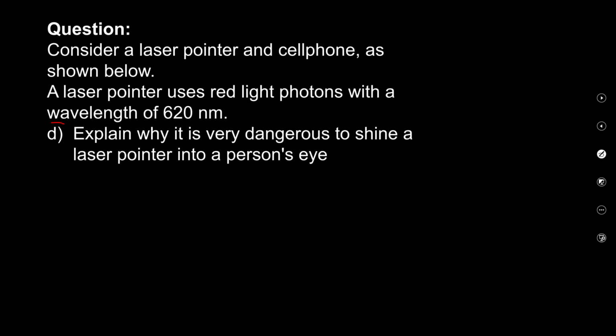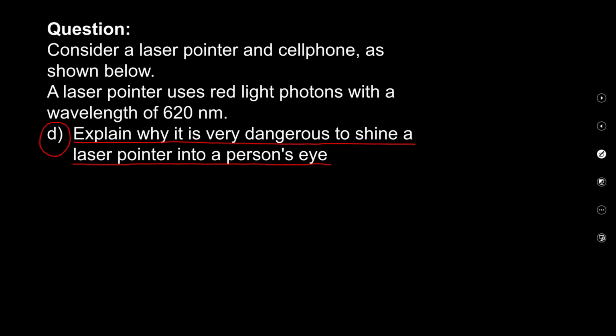The last part of this question, part D, simply asks us to use our understanding of electromagnetic radiation to explain why it is very dangerous to shine a laser pointer into a person's eye. Now, from our previous calculation, we had shown that there is some energy associated with the photons from the laser pointer.